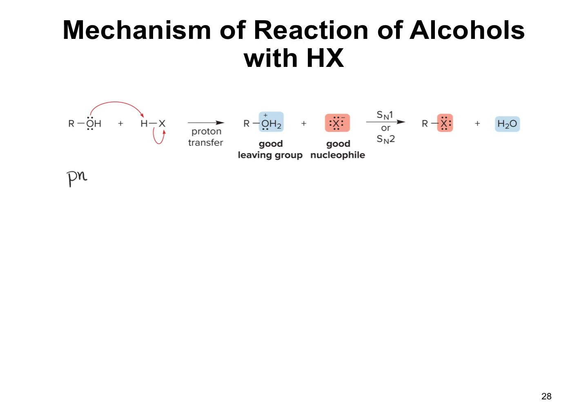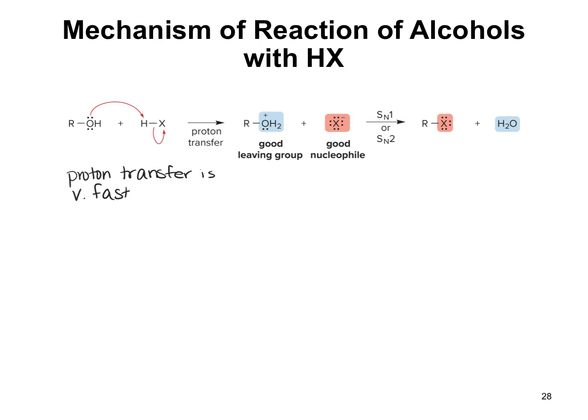That proton transfer is very fast, and so that strong acid very quickly protonates the OH of the alcohol group through that proton transfer, resulting in a really good leaving group and a good nucleophile.